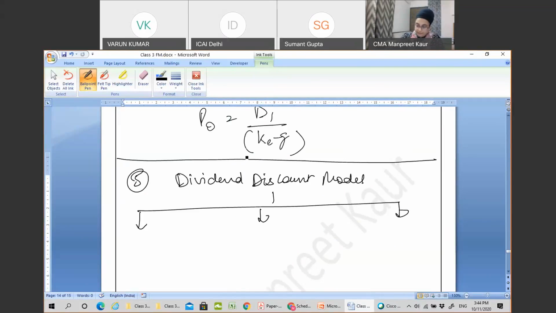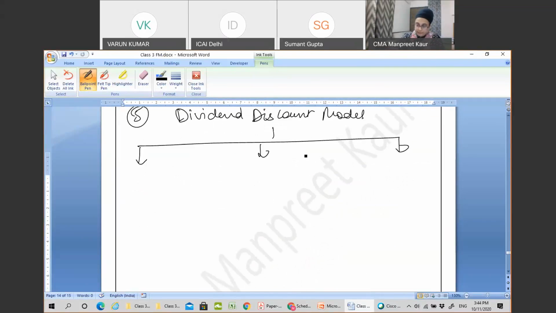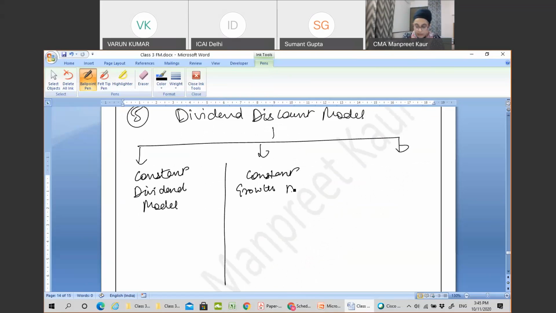First is the constant dividend model. Second is the constant growth dividend model. And third is the two-stage dividend growth model.